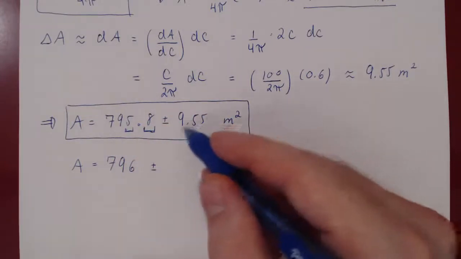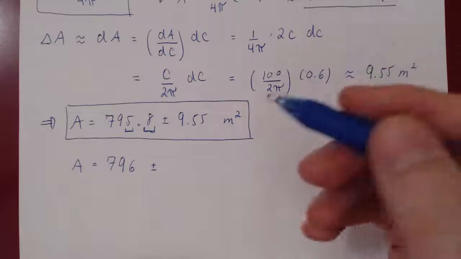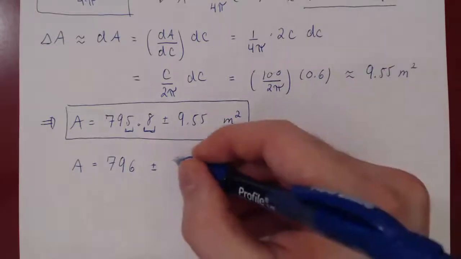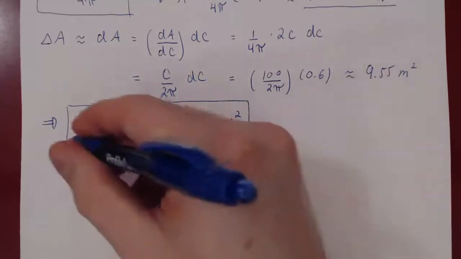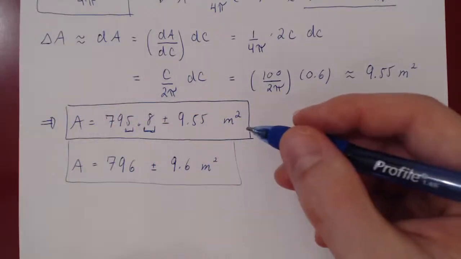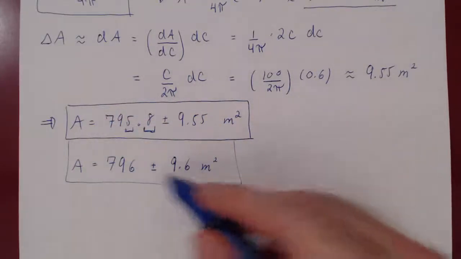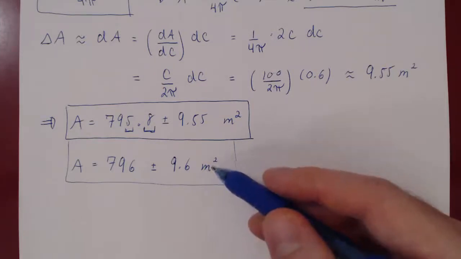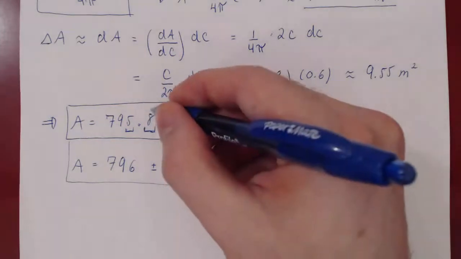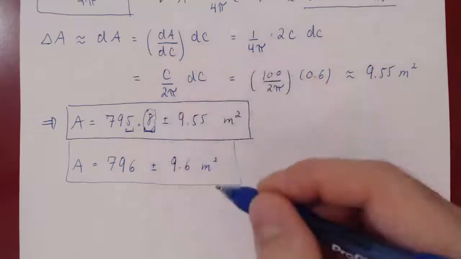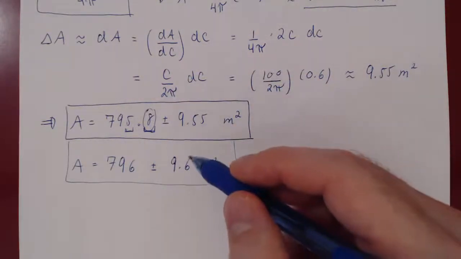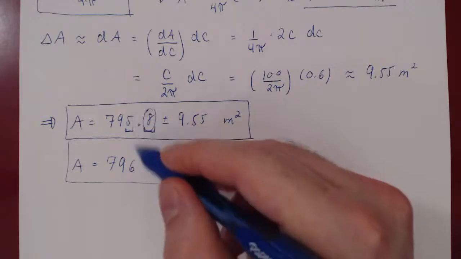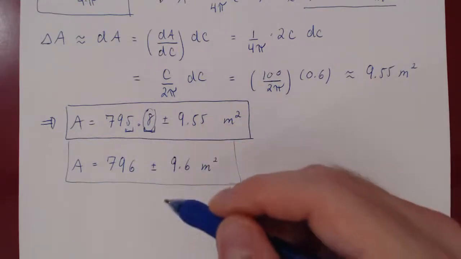And here you could say approximately 9.6 or even 9 or 10 meters squared. And this is slightly more reasonable because you cannot expect this digit to be accurate if the error can be as big as about 10 meters squared. Even this one, we still don't know.